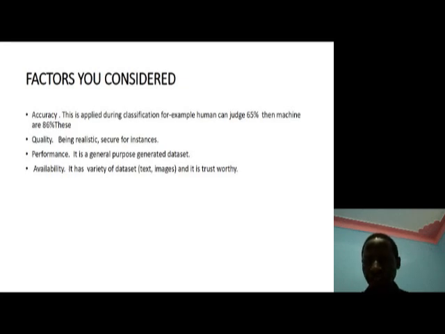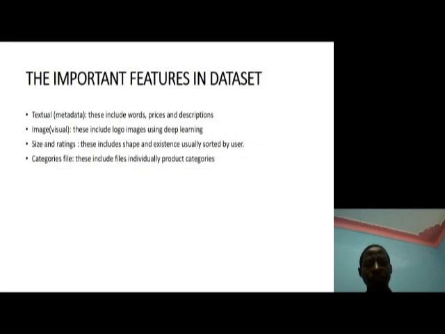It has a viability of a data set which will include images and text, and it's trustworthy. So those are the factors that I've considered, quality among them. The important features in the data set will include the textual, let's say metadata, data about data.